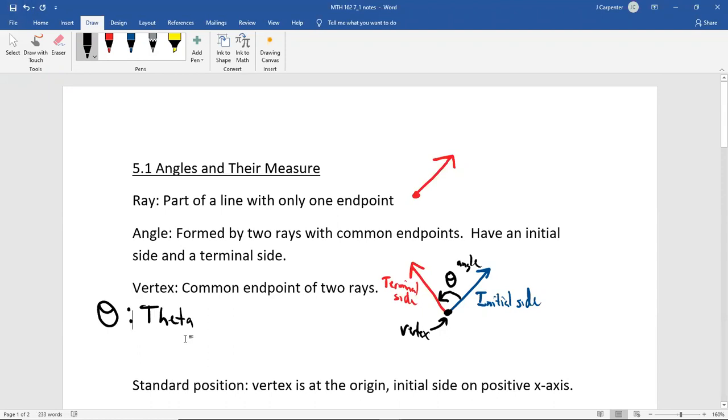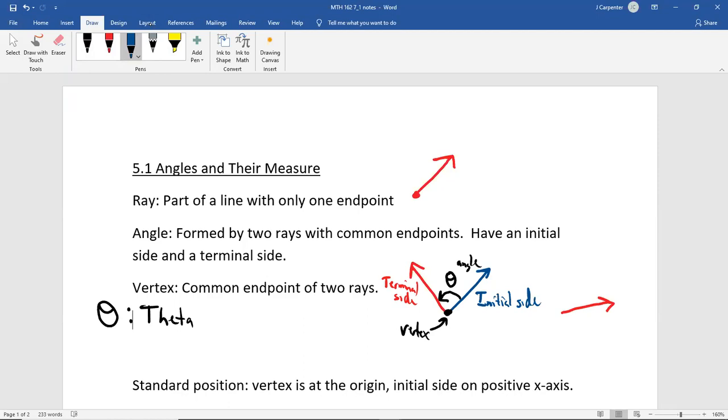So this angle right here would be the same as long as I keep the relationship of the terminal side and the initial side together, but I could rotate them however I like, as long as if I'm rotating the terminal, I rotate the initial side in the same manner. So let me try and just demonstrate that by drawing it maybe this way.